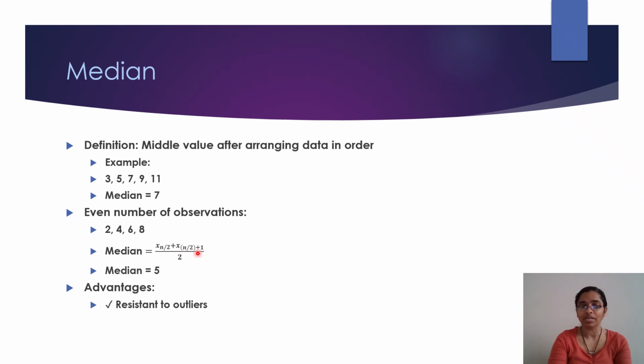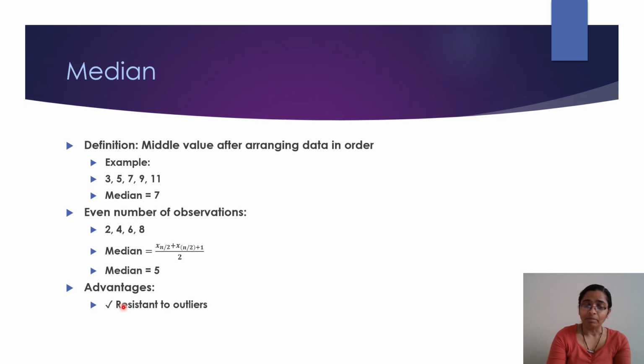Here n is the total number of observations, so X(n/2) becomes the second observation and X(n/2 + 1) becomes the third observation. So 4 plus 6 divided by 2 becomes 5. So 5 will be the median in this case.